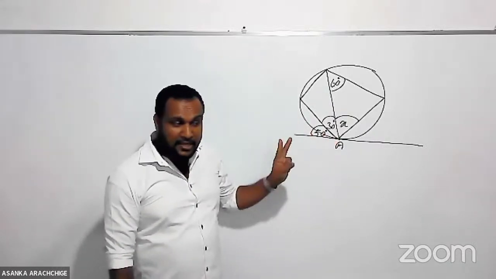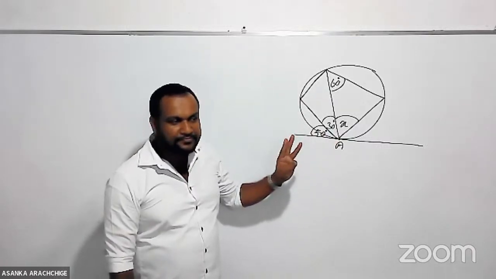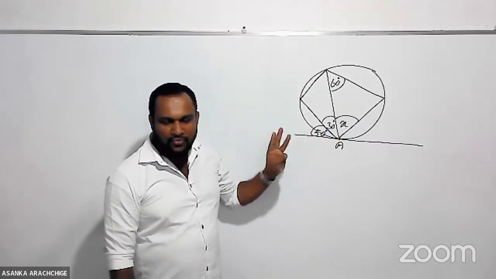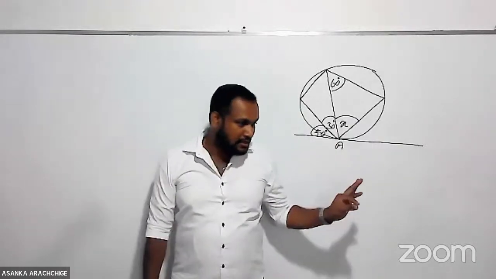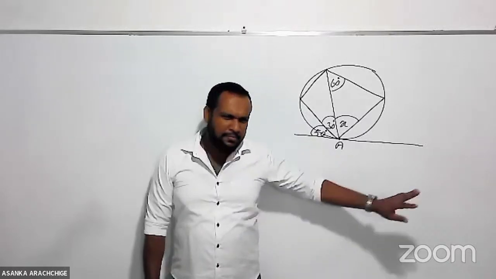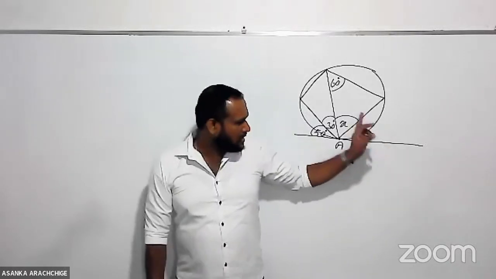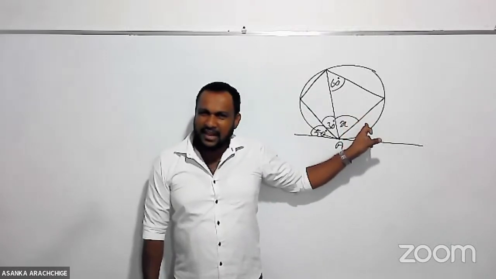The second theorem is about two tangents drawn to a circle from an external point. I am not mentioning it because it does not belong to this sum.